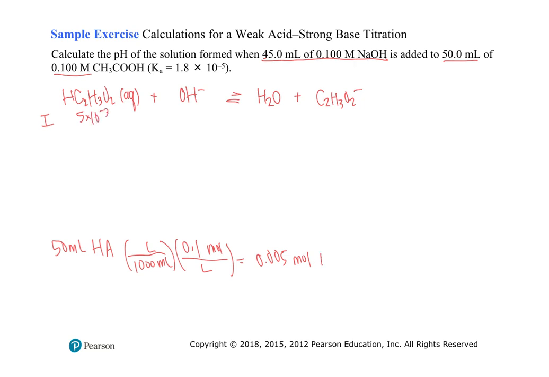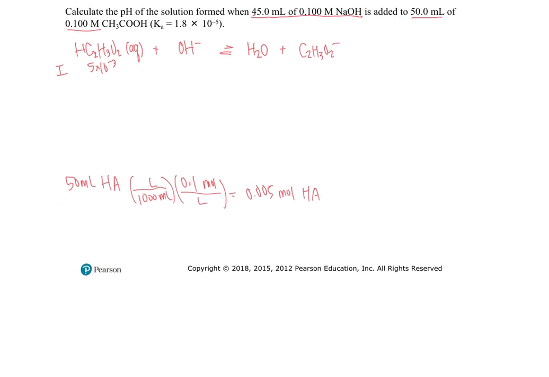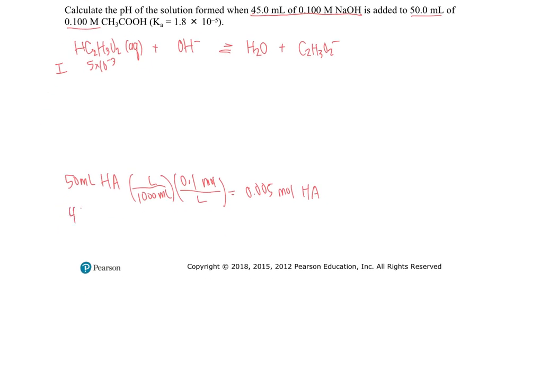And then I'll do the same thing for this sodium hydroxide. So now I have 45 milliliters of sodium hydroxide, so 1,000 milliliters per liter and also 0.1 molar. So that gives me 4.5 times 10 to the negative third moles of hydroxide.